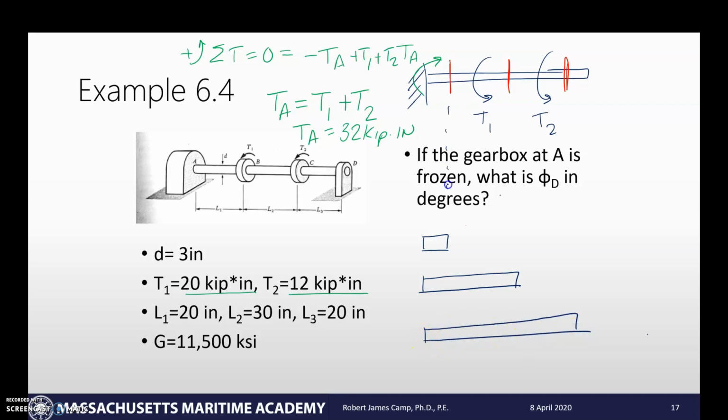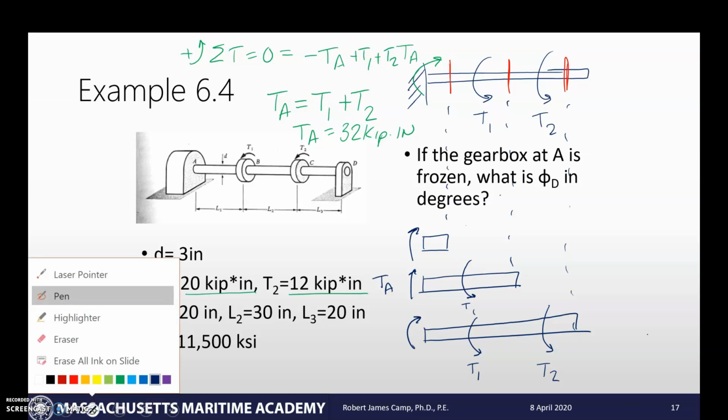So I'm just drawing the shaft with my different cuts in it. I look at it, my external force, all of these are going to have that TA. And since I'm cutting it before T1, this first one's going to be done. The second one, I'm going to have T1 on it, and then the third one I'll have T1, and then I'll have T2.